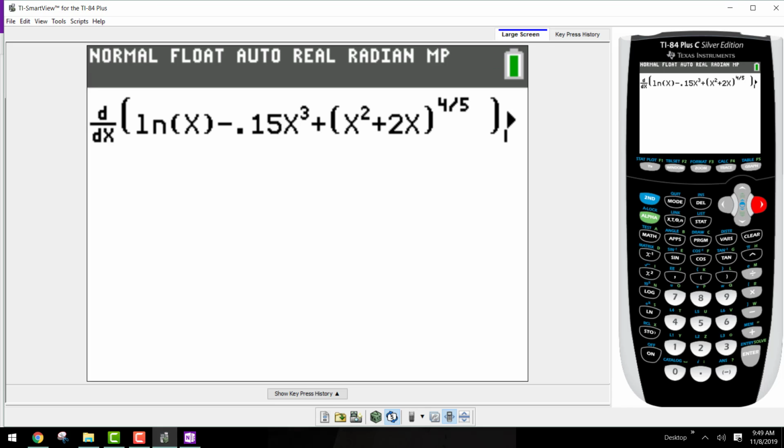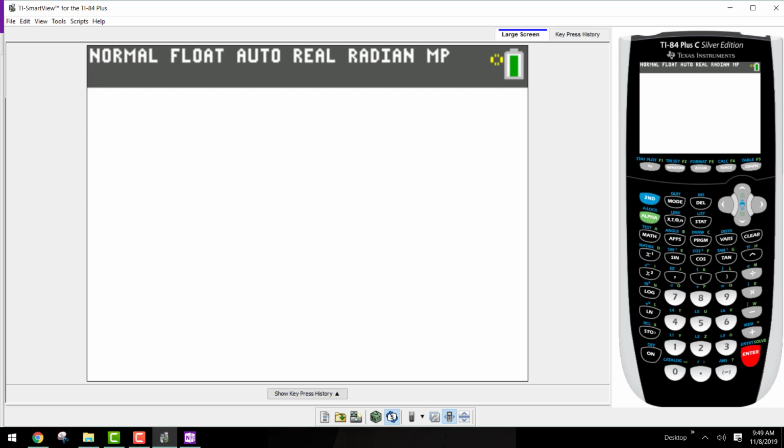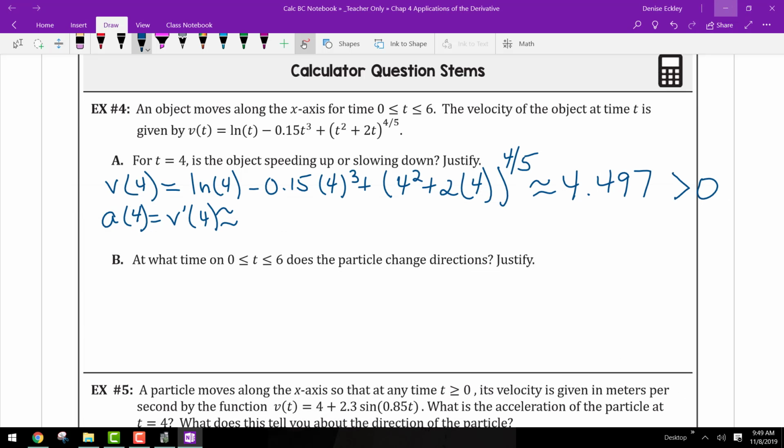And then I want to evaluate that at 4. And I get negative 2.173. So this is equal to negative 2.173, which is less than 0. So our particle is slowing down.